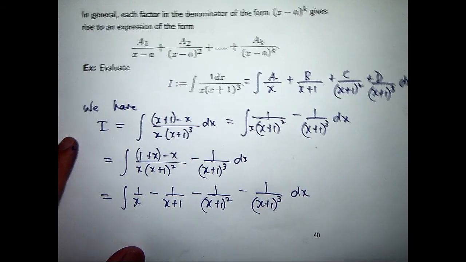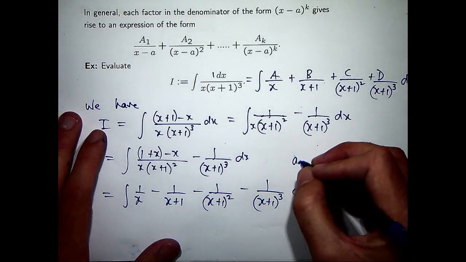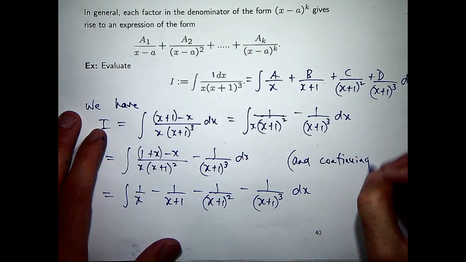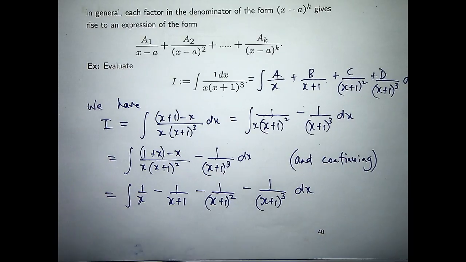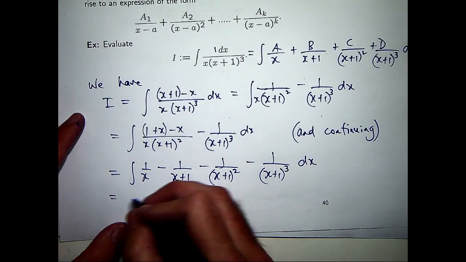Okay, so continuing in that fashion, you get the following. So each of those bits can be integrated. You're going to get logs in the first 2 terms and the following in the second 2 terms.